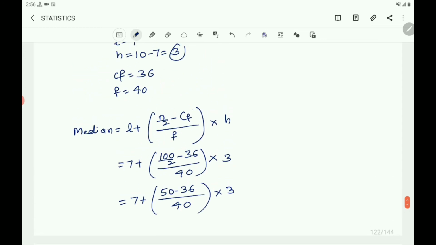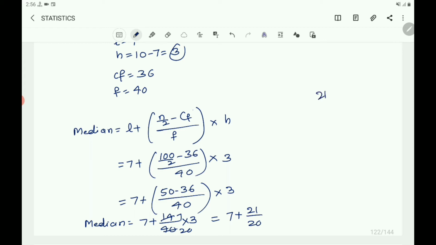Then median equals 7 plus 50 minus 36, that is 14 by 40 into 3, that equals 7 plus 21 by 20.